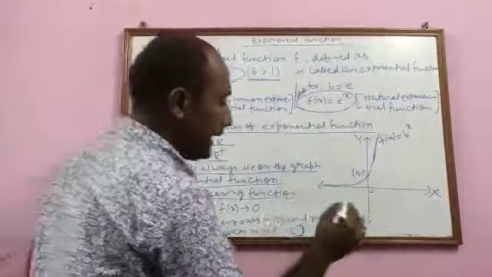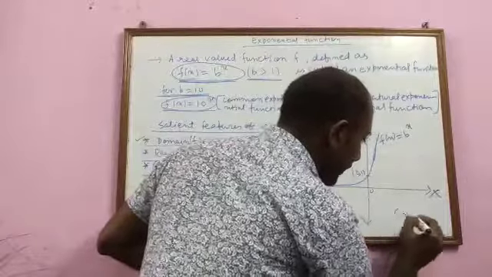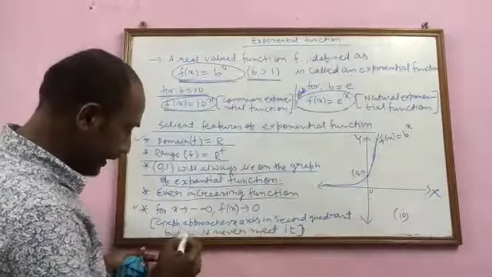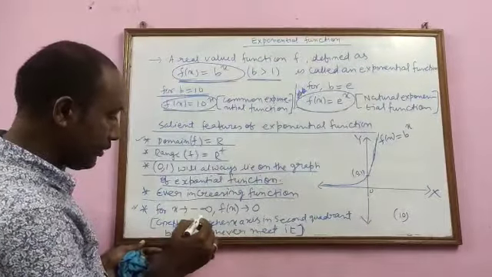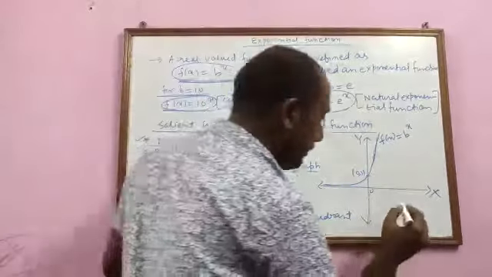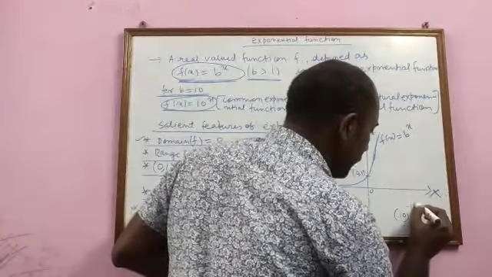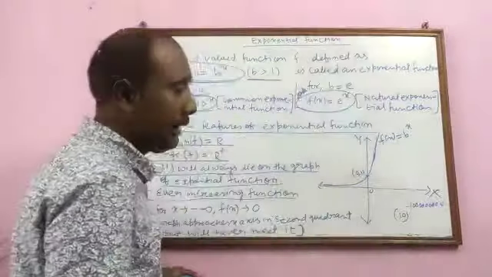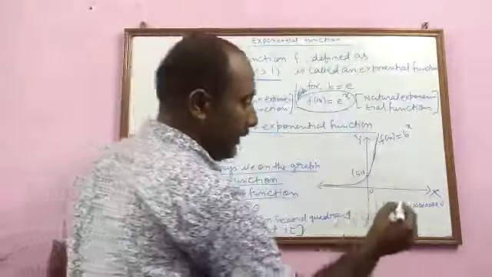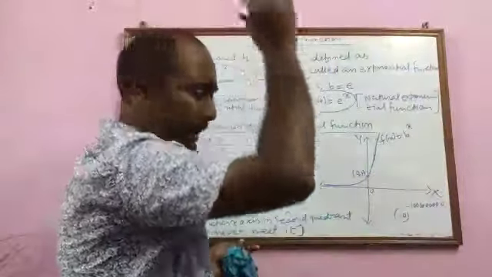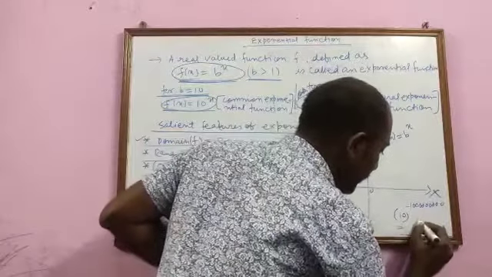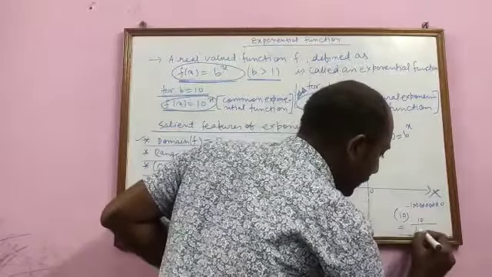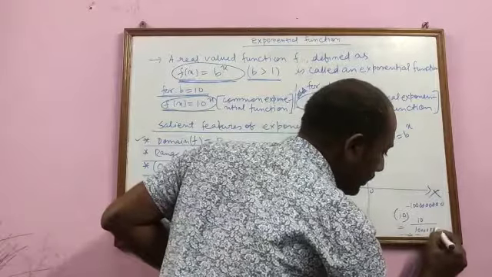So if I take 10 to the power x, here I have written when x approaches minus infinity. That means I take, suppose, minus 1 followed by so many zeros. So 10 to the power x, where x is minus infinity, so the value will be 1 by 10 followed by those number of zeros.